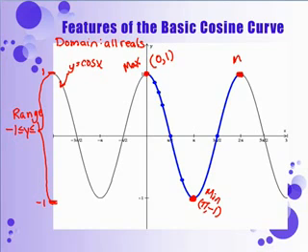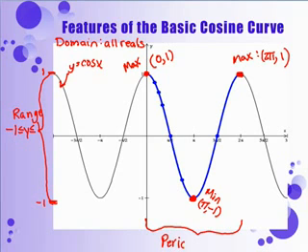This is the minimum. You have your maximum at (2 pi, 1). So that means that just like with sine, cosine has a period of 2 pi. Our intercepts for cosine, at pi halves we cross, so (pi over 2, 0), and at 3 pi halves.